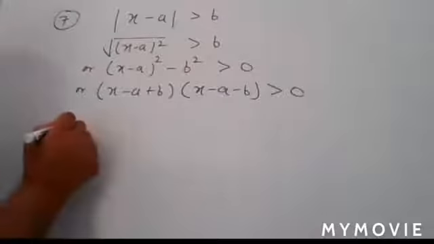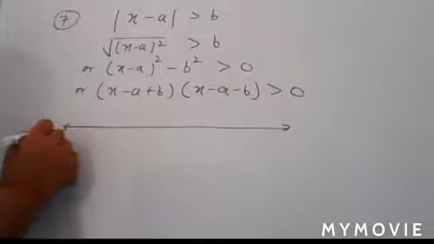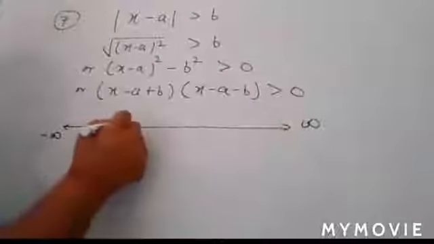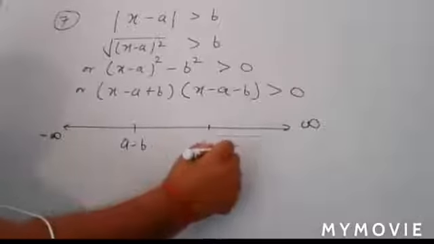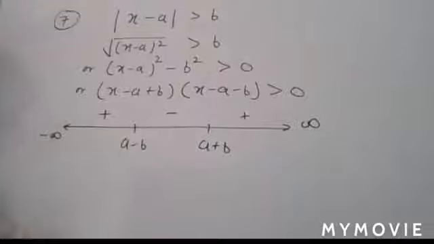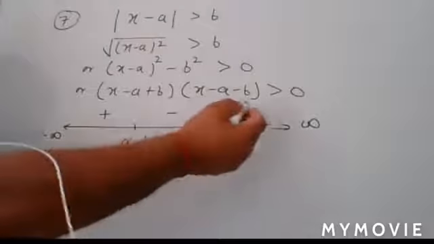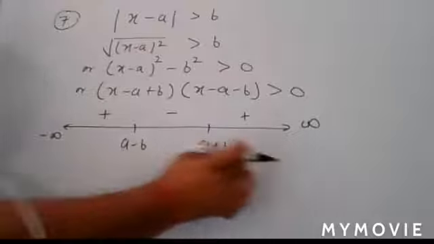Yes, and you have the same points on the number line, minus infinite, infinite. Here you have a minus b, this point is a plus b, positive, negative, positive. But here, the product of these two factors is greater than 0. So no doubt you are interested in these two results.